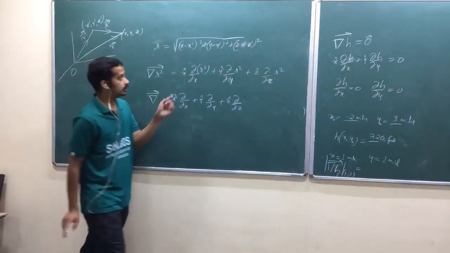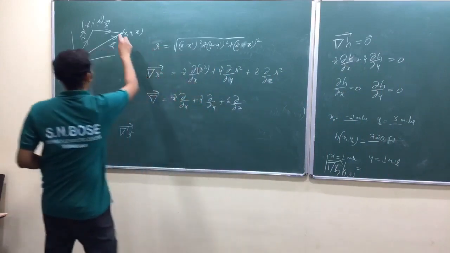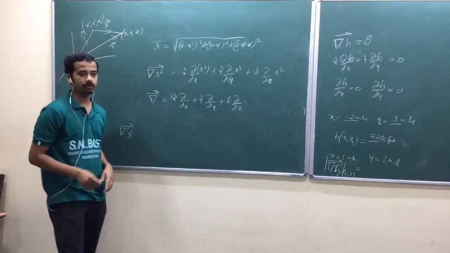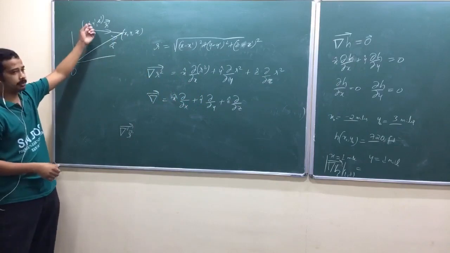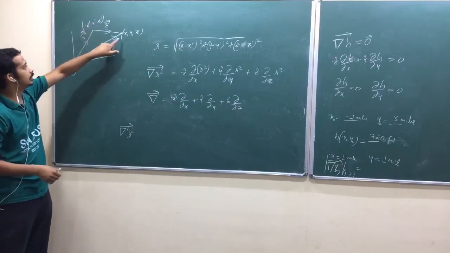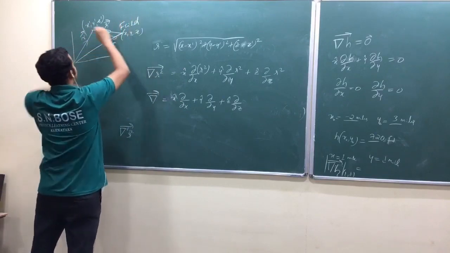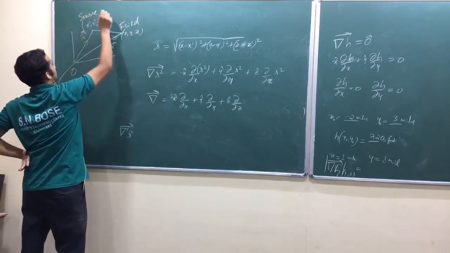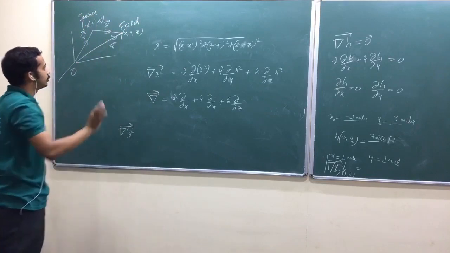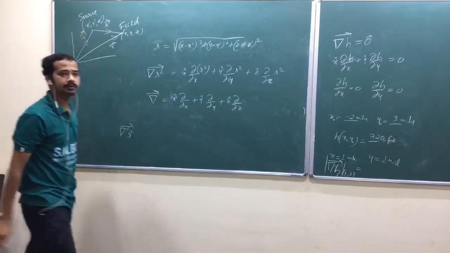One is a source point, isn't it? This is your source point, and this is the field point. Taking derivative with respect to the field point is very much different from taking derivative with respect to the source point.